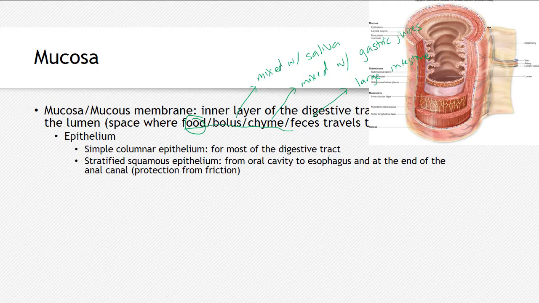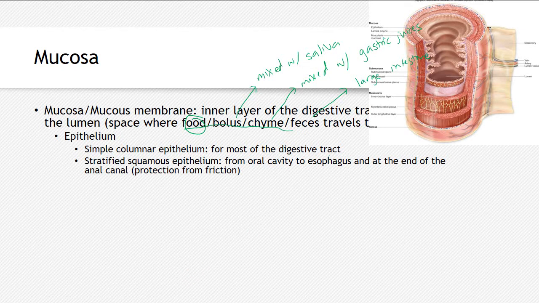Protection from friction, right? Because when something very dry is rubbing against anything, it's going to cause a lot of friction and abrasion. So having multiple layers will end up protecting the bottom cells underneath it.